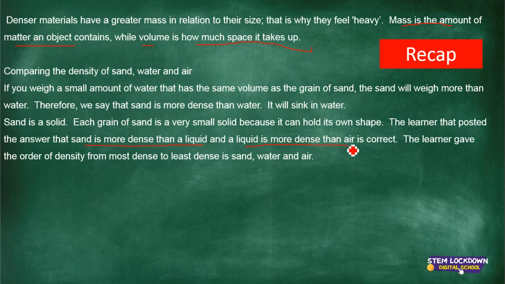You can visualize the particles in a solid and the particles in a liquid, then the particles in a liquid and the particles in air, in a gas, and then you'll find why it is more dense. So the learner that gave the order of density from most dense to least dense said sand was most dense, then water, and then air.